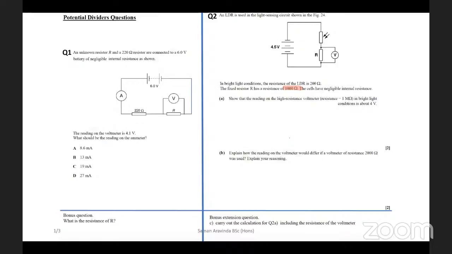We need the resistance, right? For that, the current is 8.61 milliamperes.